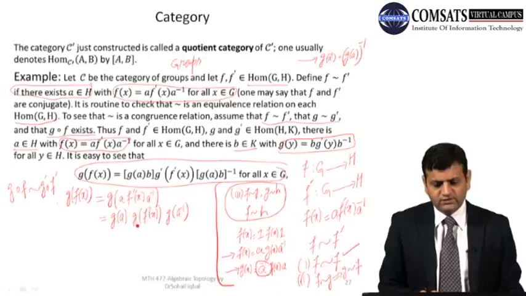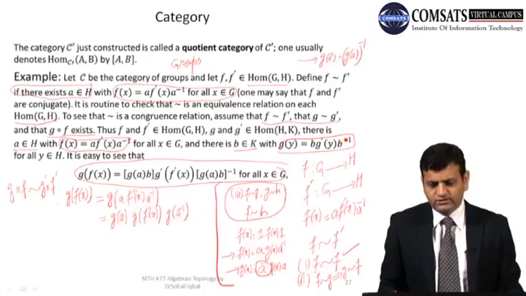Now what is G of F prime of X? Using this definition we can see that it is G of A, B, G prime of F prime of X, and B inverse, and G of A inverse.